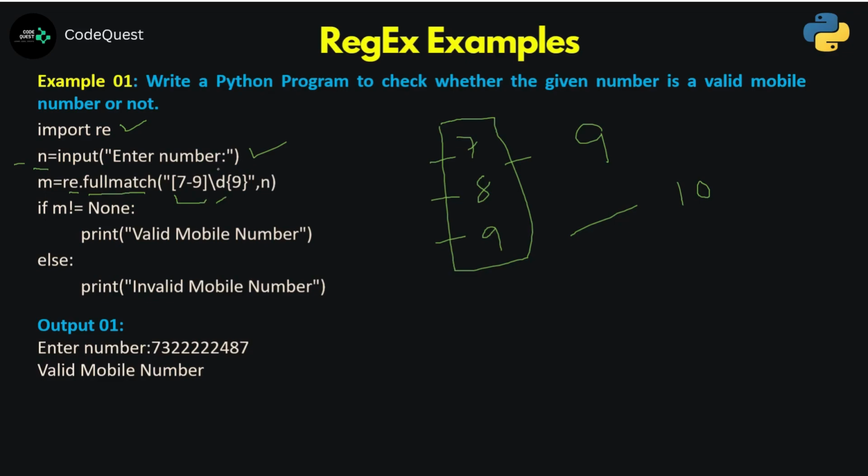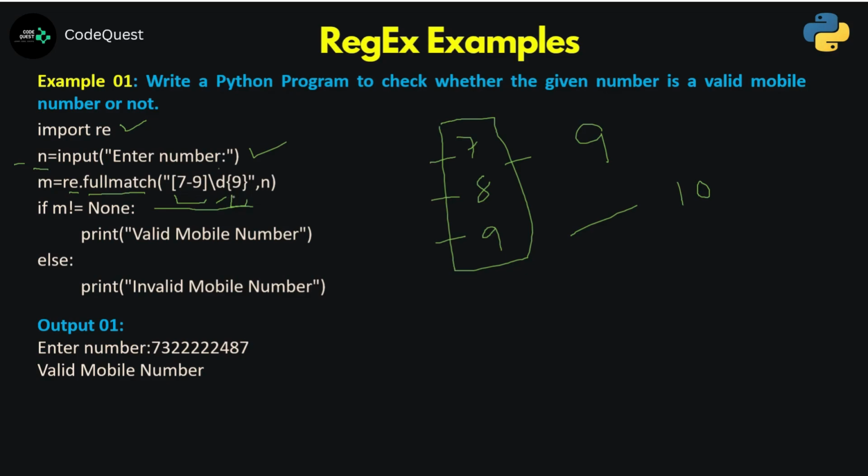And after this \d, this 9 inside the curly braces indicates that exactly 9 digits have to be there. So in this entire pattern, we have said I have to have my number beginning with either 7 or 8 or 9 followed by exactly 9 digits.